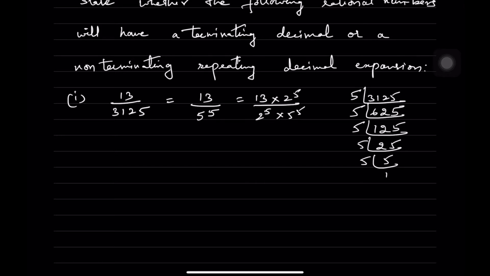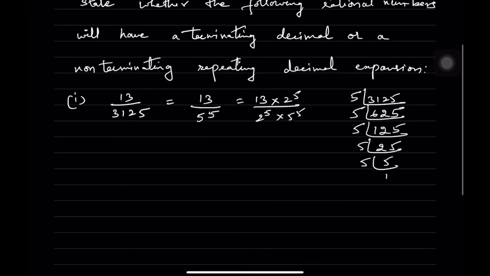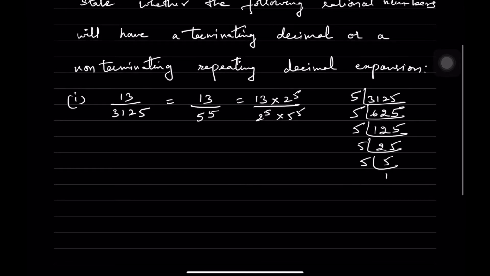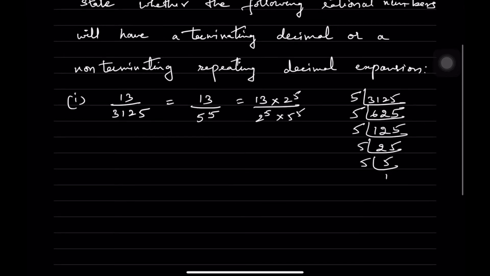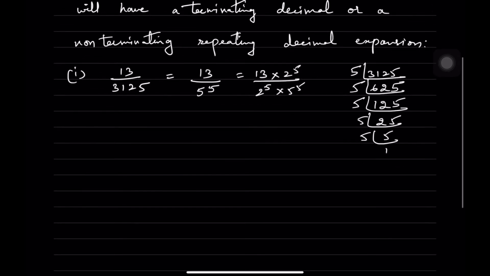Therefore this you can write in this way. Now we have to make the denominator a multiple of 10, because it should be a terminating decimal. We have to show whether it is a terminating or non-terminating decimal, so we'll show it in this way.